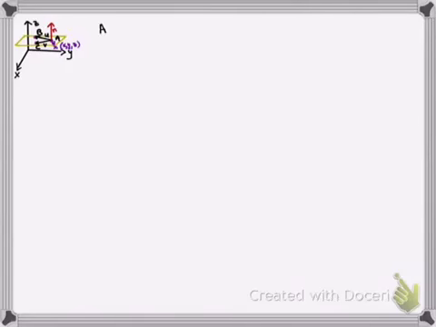So A, let's have A be 2, 2, 2. B will be 3, 1, 1. And then finally C will be 6, negative 4, negative 6. So we start with those 3 points on the plane, and then we find our vectors.